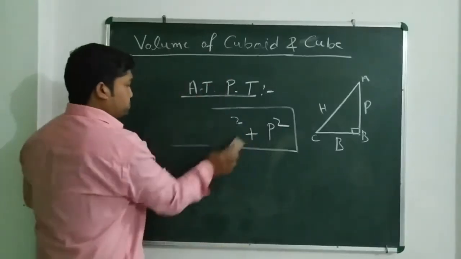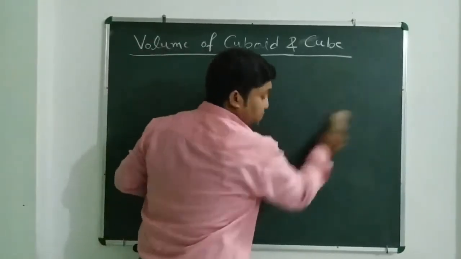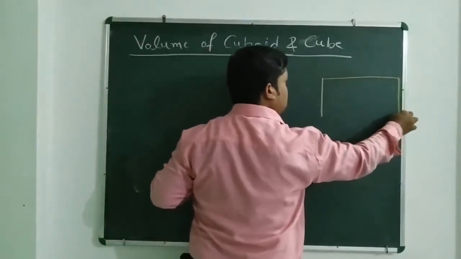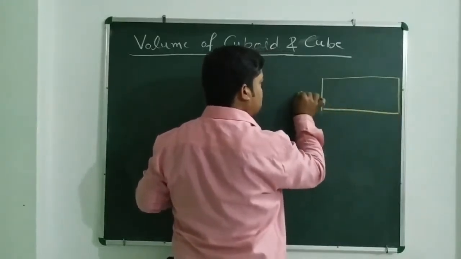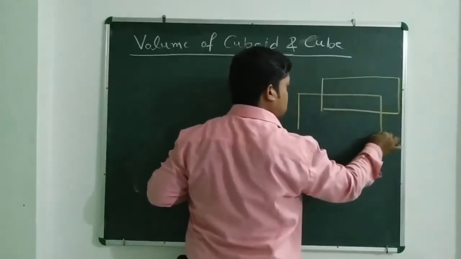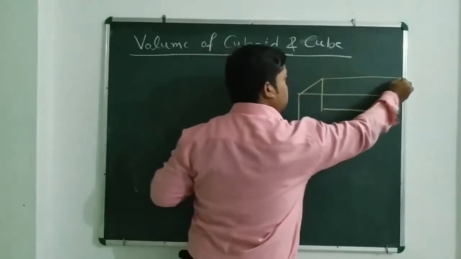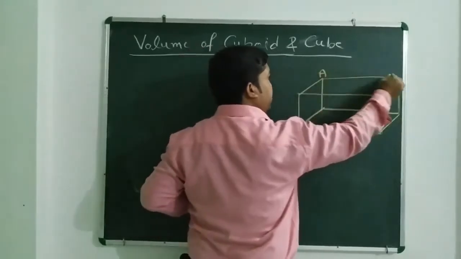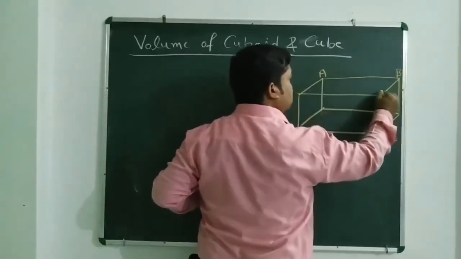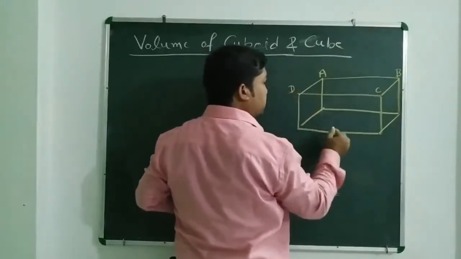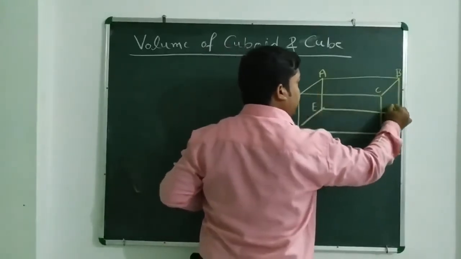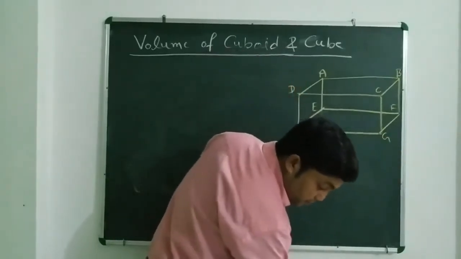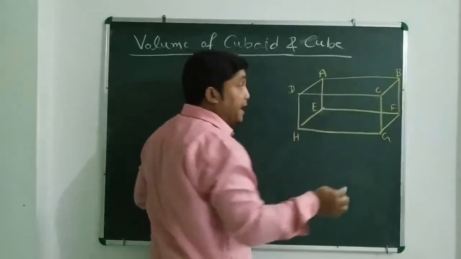Just see here. We have a cuboid shaped like that. This is the cuboid, and the vertices are A, B, C, D, E, F, G, H. We have to find a diagonal.